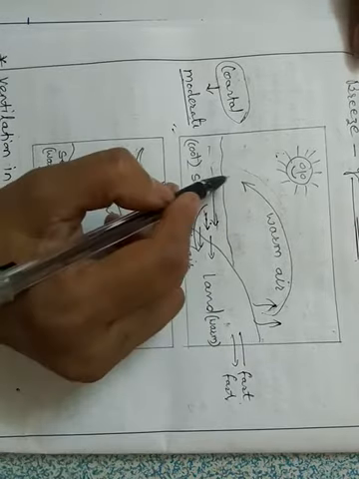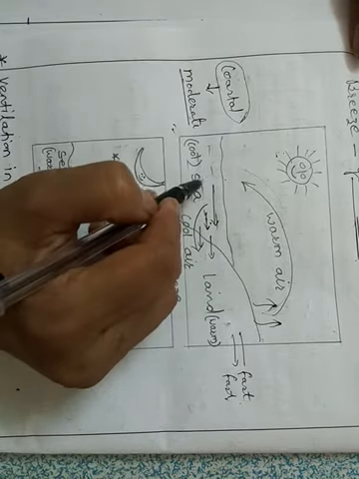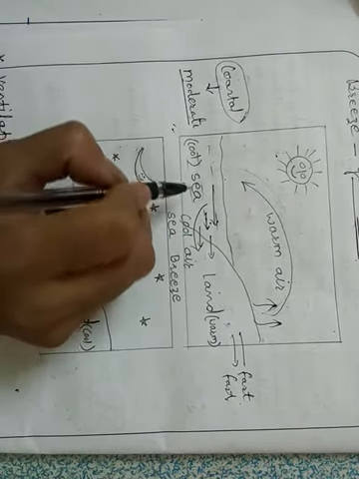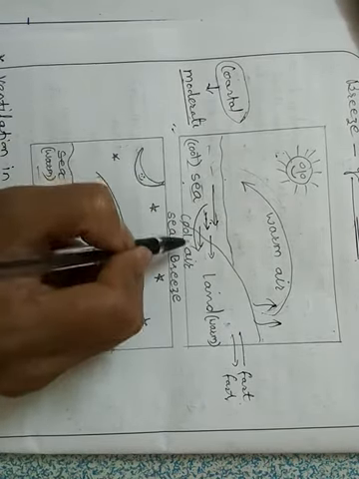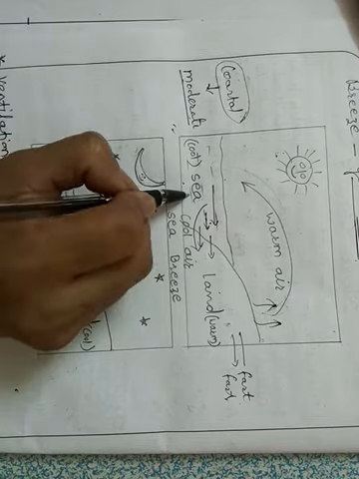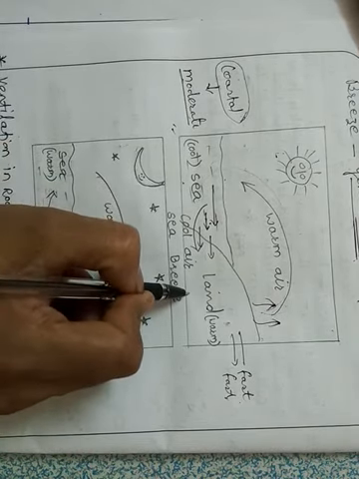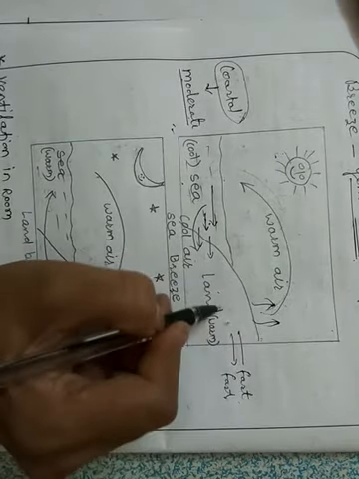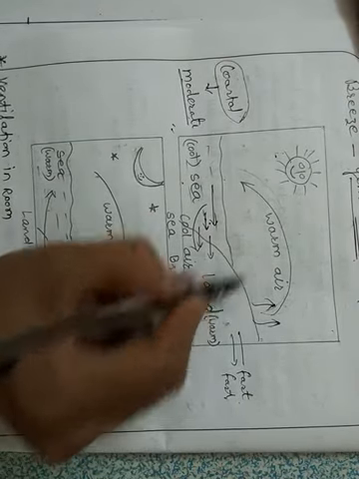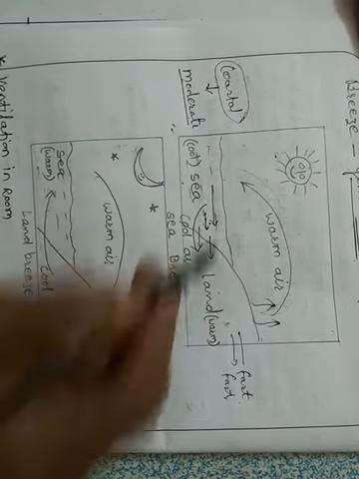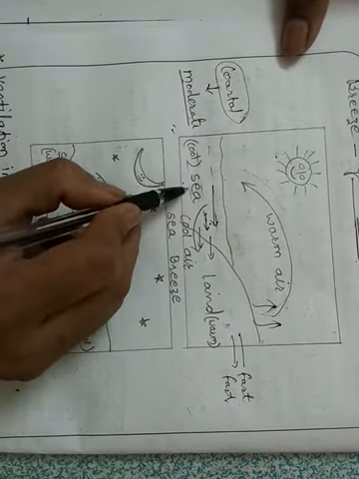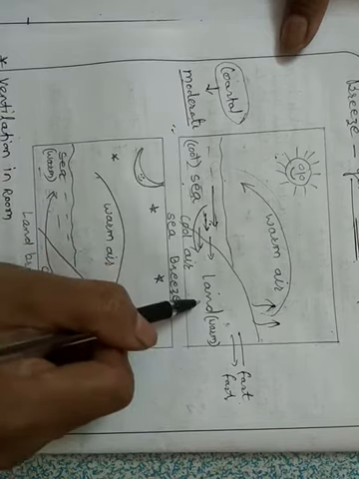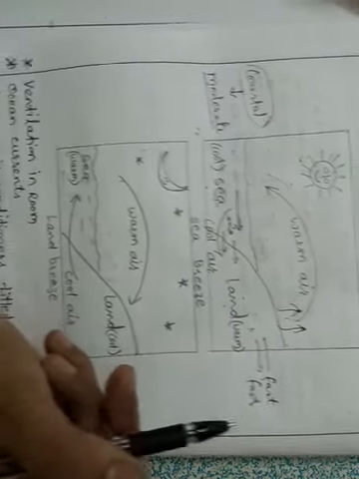Convection current from the sea to land, and this movement of the wind is known as the sea breeze. So during the day air moves from the warm land to the cool sea, and from the sea cool air moves towards the land. This is known as sea breeze.